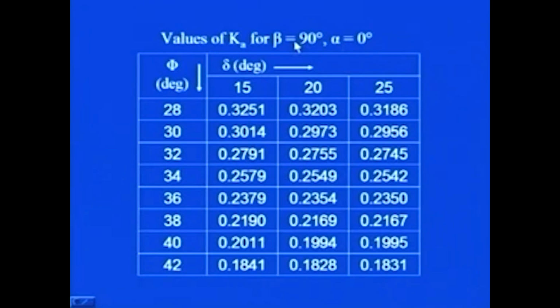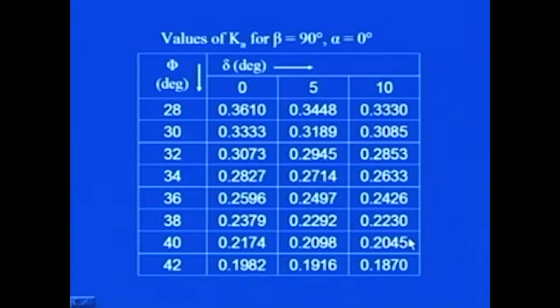So, if these two angles are fixed, that is, the backfill is horizontal and the back face of the wall is vertical, then for different values of angle of internal friction phi and different values of delta, corresponding values of Ka have been tabulated in this particular table. It continues to give you these values also, 0, 5, 10 and then correspondingly 28, 30, 32, 34, 36 and so on.